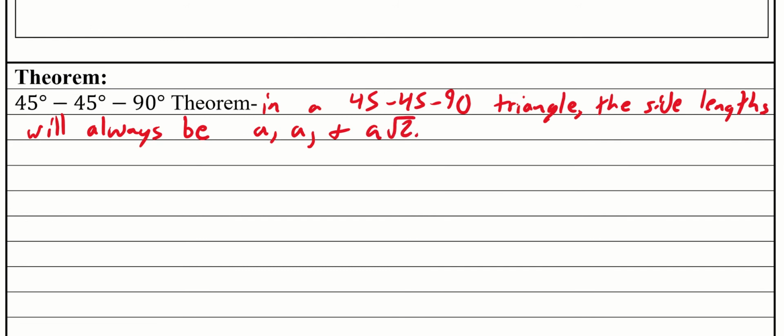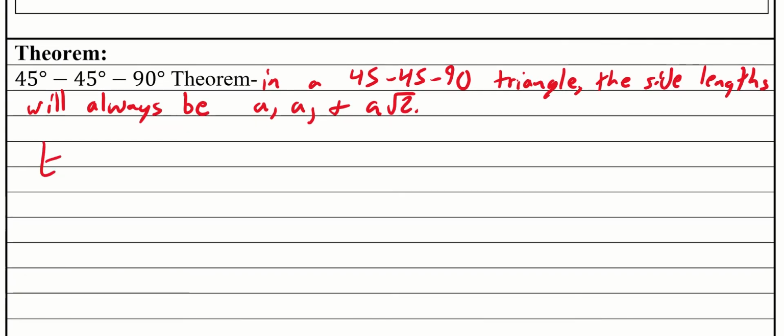Obviously we'll draw a picture with this and explain what this means. Usually, if I taught this a different way, I'd use x here instead of A. But since we've already talked about A with the Pythagorean theorem and A representing the shortest leg, it's just easier to put it in these terms here.